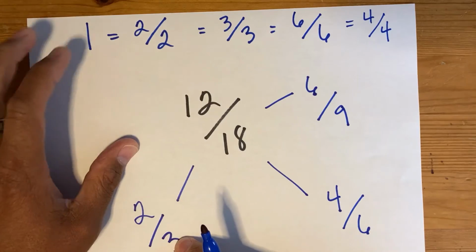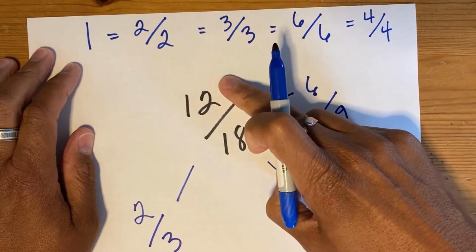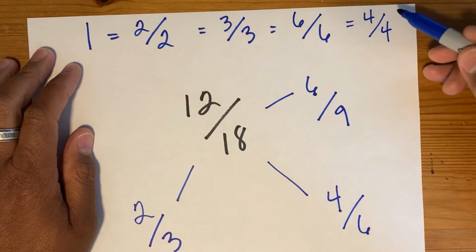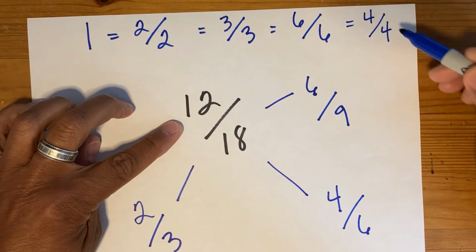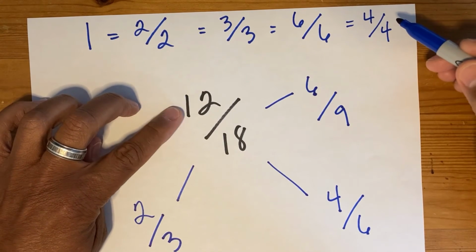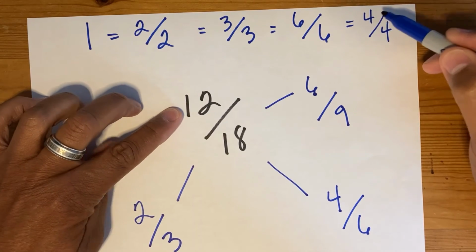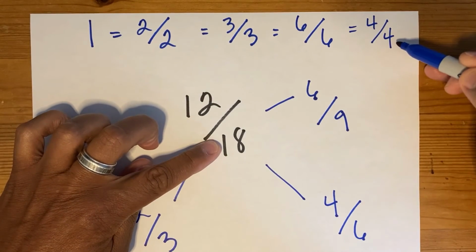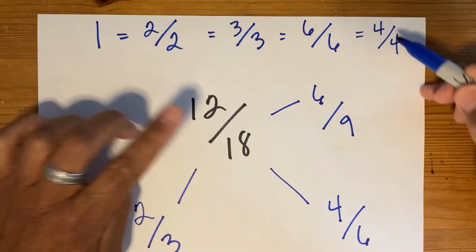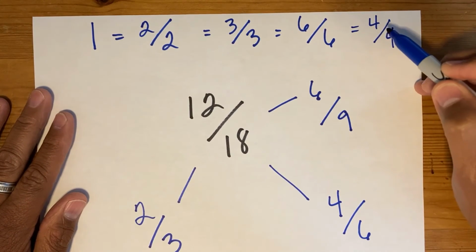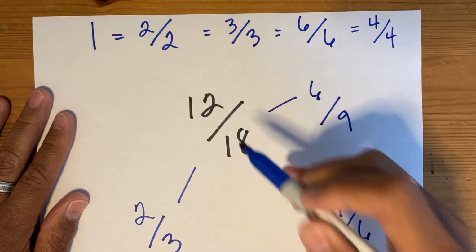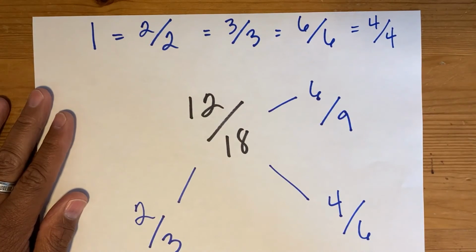So 2/3 is also an equivalent fraction to 12/18. Now I can try to divide 12/18 by 4/4. 12 divided by 4 is 3, but 18 divided by 4 doesn't go in equally. So 4/4, even though this is a form of 1, is not a form of 1 that I can use to get an equivalent fraction.